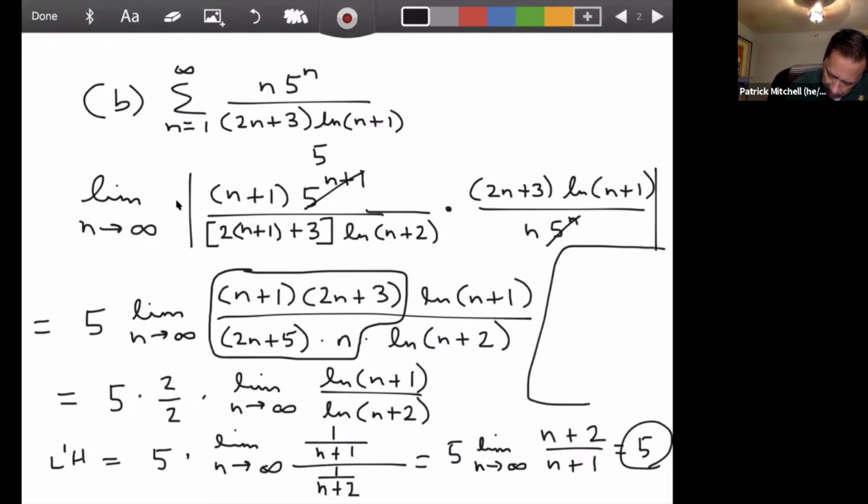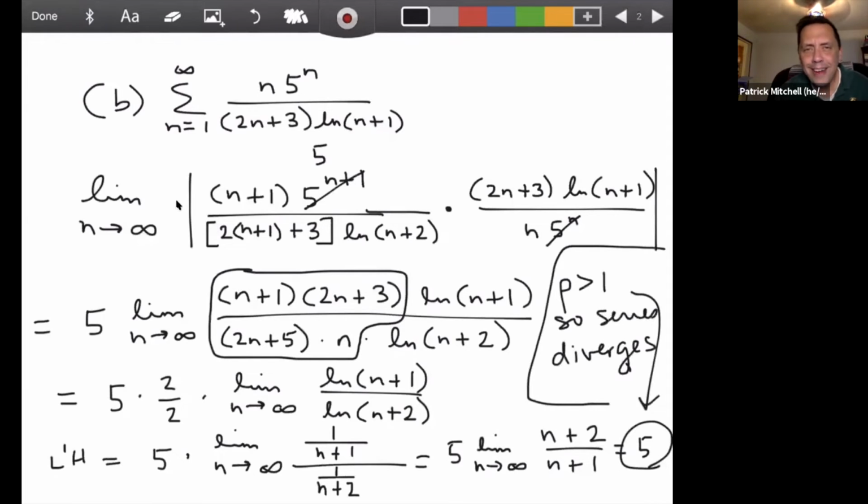And so I think I can squeeze that right in here. Rho is greater than 1. So the series diverges. All right. And that's the ratio test. So back to the presentation.